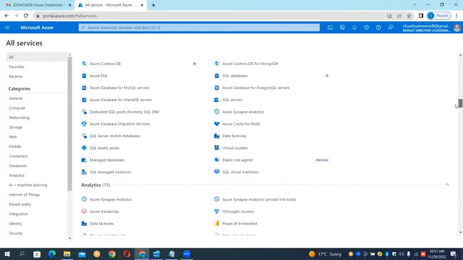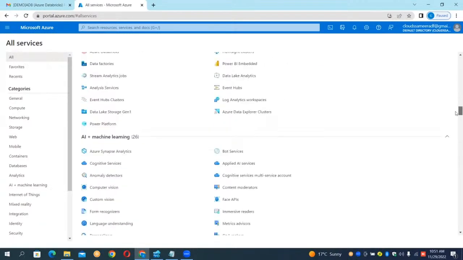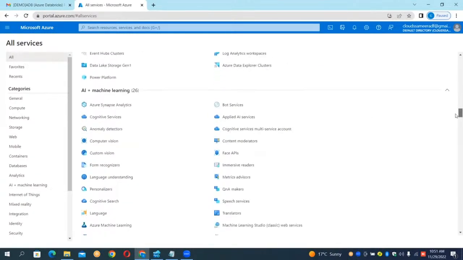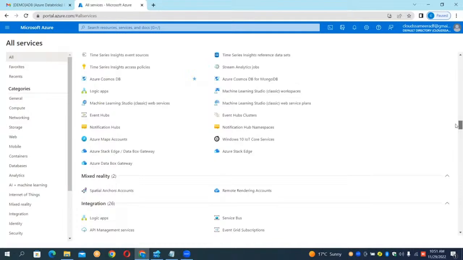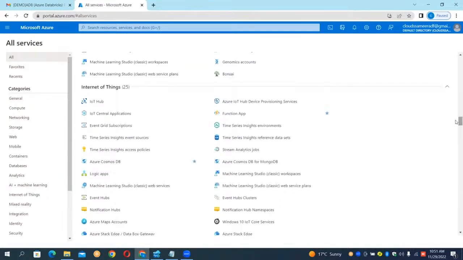Then we have some analytical services: AI plus machine learning, AI meaning artificial intelligence, and IoT, the Internet of Things, like IoT sensors.